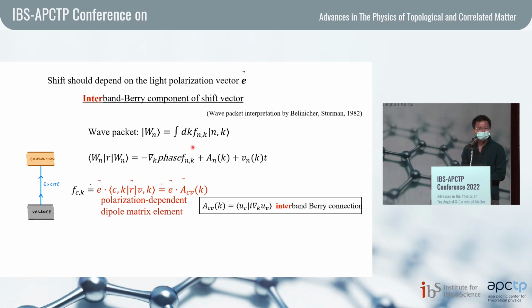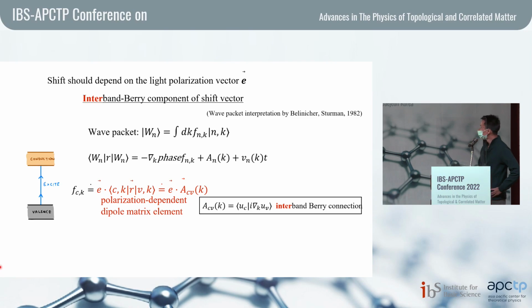So if we apply just ordinary time-dependent perturbation theory, we know that the wave function in the conduction band is proportional to the polarization-dependent dipole matrix element. But by the way, what I do in this talk is if you see a dot above an equality, it means I'd likely have dropped some factors of 2 pi or some fundamental constants just to emphasize the quantities that I think are important.